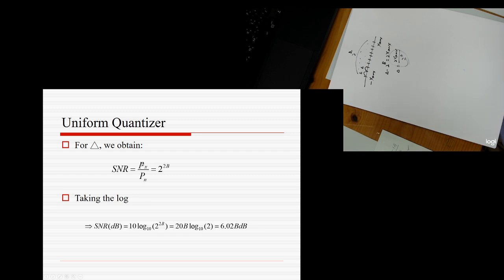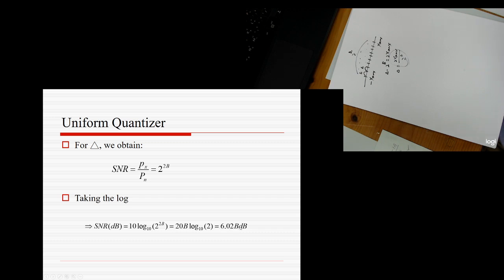If this were an amplitude ratio, we would have to take 20 log 10. So here it is the signal energy versus noise power ratio, and we take 10 log 10 of 2 to the power b, which gives around 6.02 dB per bit.